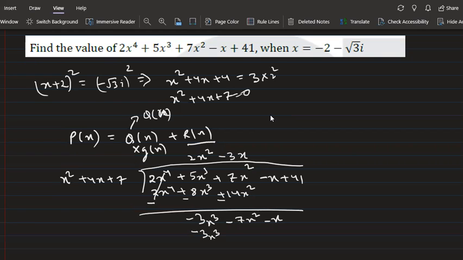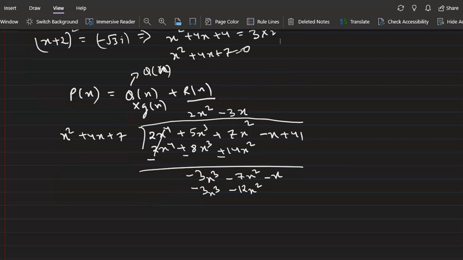plus 4x into x². Just see it step by step, right? This is your syllabus only. Now minus 3x into 7 is minus 21x, plus this will be 5 and this will be 20x, and we're left with plus 41.